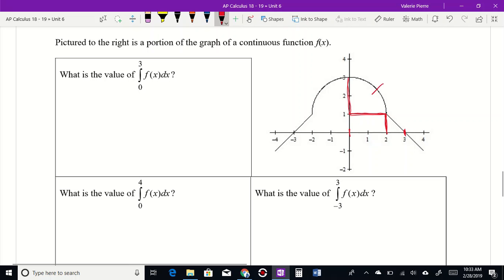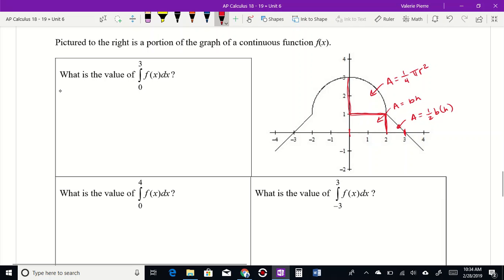So the area of this quarter circle, we'll be using the equation 1/4 pi r squared. The area of this rectangle, we'll be using the formula base times height. And the area of this triangle, we'll be using the formula 1/2 base times height.